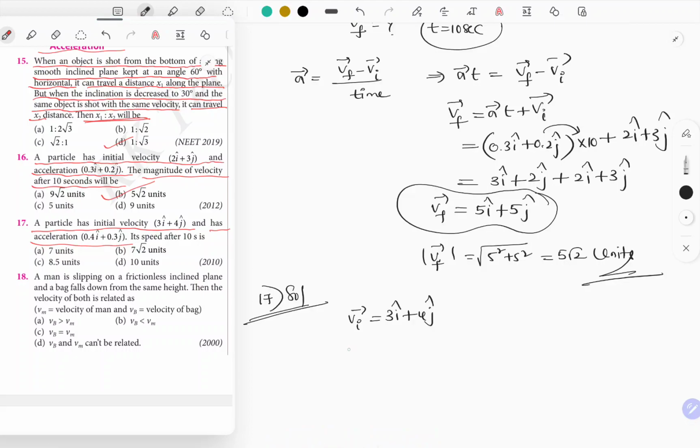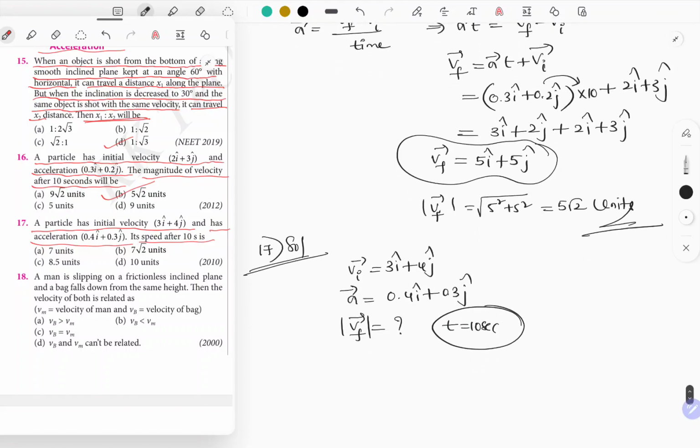They are asking the speed after 10 seconds. The magnitude of final velocity is nothing but speed. So this is what we have to find out after 10 seconds.